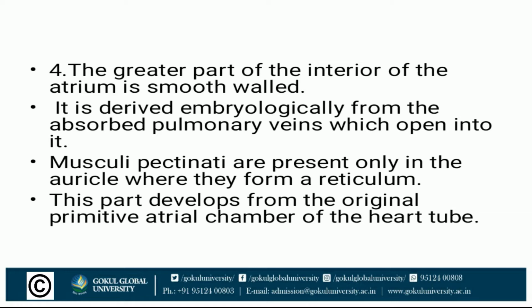Musculi pectinati are present only in the auricle, right auricle and left auricle, that we have seen, where they form a reticulum. This part develops from the original primitive atrial chamber of the heart tube.